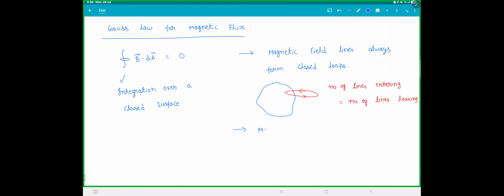So magnetic monopoles don't exist. Unlike electrostatics, where you have a plus Q charge and minus Q charge, you will never find a single North Pole or a single South Pole. Poles always exist in pairs, north and south, together like a dipole. The total charge will always be zero.